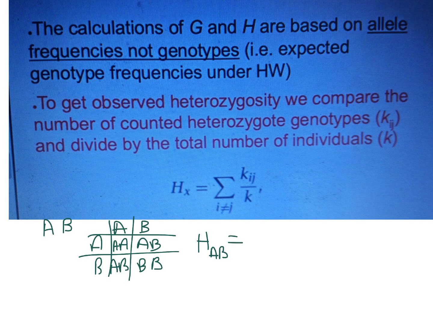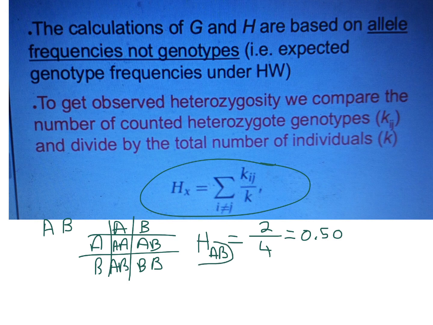Then we would count the number of times that AB appears in our chart, which is 2, and we would divide that by the number of total combinations, which is 4, and so that would give us 50% or 0.5 heterozygosity. I've learned a new word today. So that's all this formula is telling you to do, is just count up how many of each type, and then if we're looking specifically at just one of those, we put that on the top and we divide by the total on the bottom.